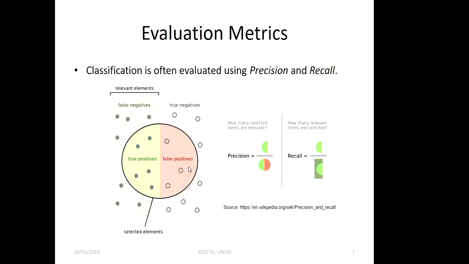The other way around, if it's cancer, but your algorithm didn't detect it, then it becomes a false negative. And if it's not cancer and your algorithm says it's not cancer, then that's a true negative. So essentially, you get these 4 categories of outputs, and then you just count the number of data falling into each category.